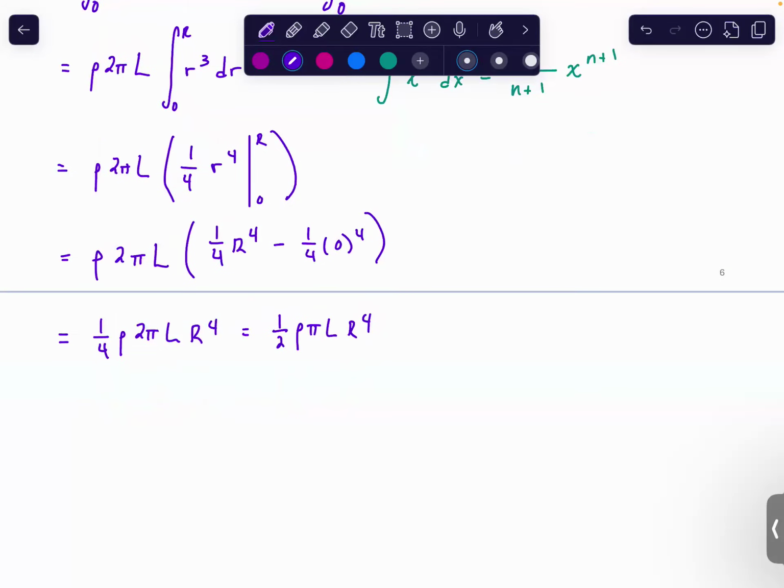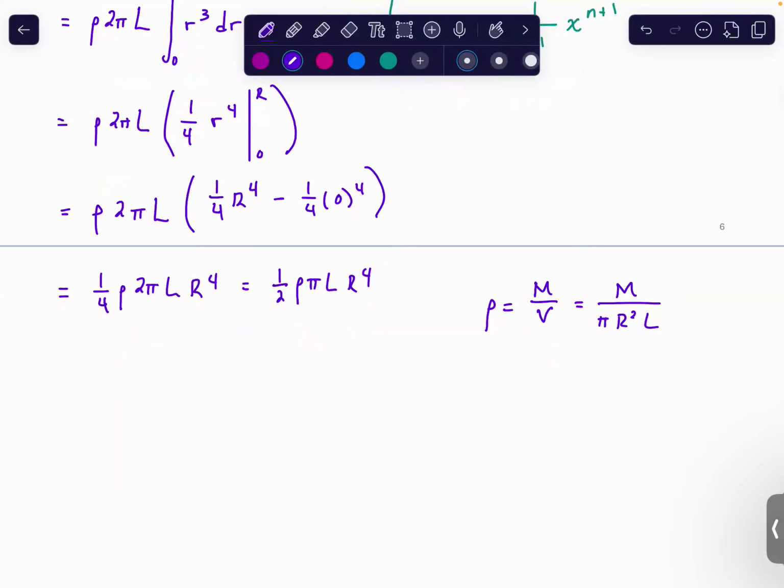And then we say, well, density is going to be the mass of this cylinder over the cylinder's volume. And for a cylinder, that's going to be mass over pi r squared L. And so we're going to plug this in for our density. 1/2, and then we're going to have m over pi r squared L, and then we're going to have pi L r to the fourth.